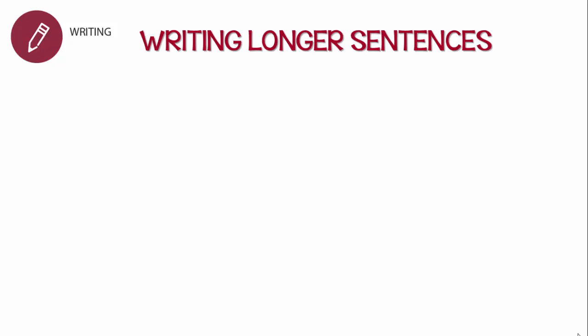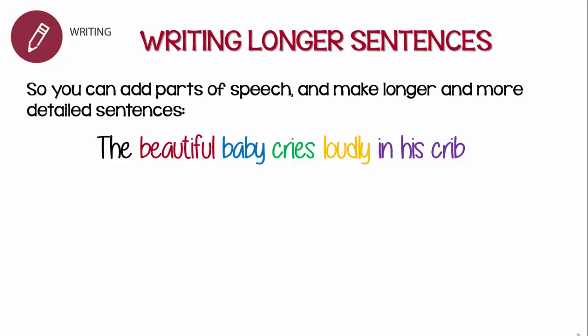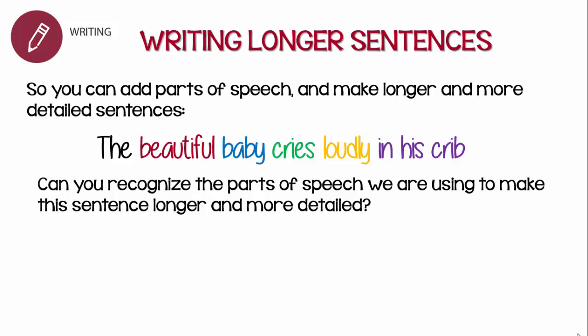Writing longer sentences. So you can add parts of speech and make longer and more detailed sentences. The beautiful baby cries loudly in his crib. Can you recognize the parts of speech we're using to make this sentence longer and more detailed?